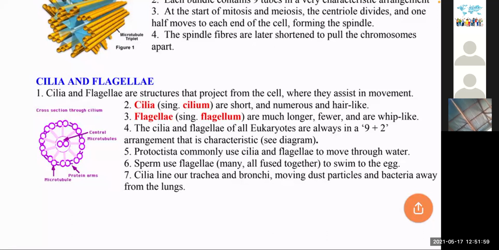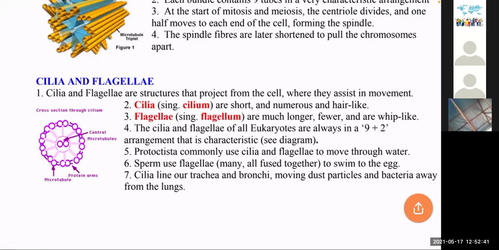Sperm use flagella. Are you getting the difference? Protoctista commonly use cilia and flagella to move through water. Sperm cells use flagella, many all fused together to swim to the egg. Cilia line our trachea and bronchi, moving dust particles and bacteria away from the lungs. So you see the same cilia projection of the cell, they line along our trachea.